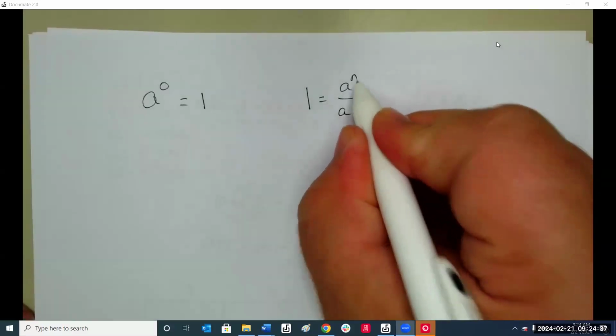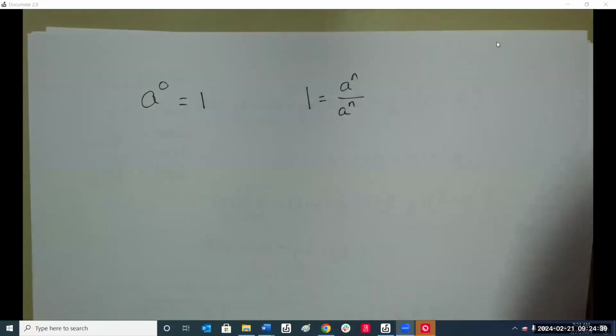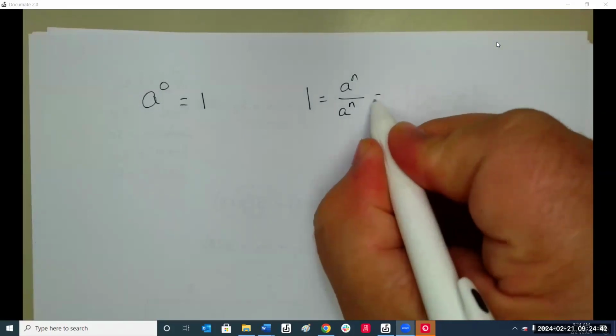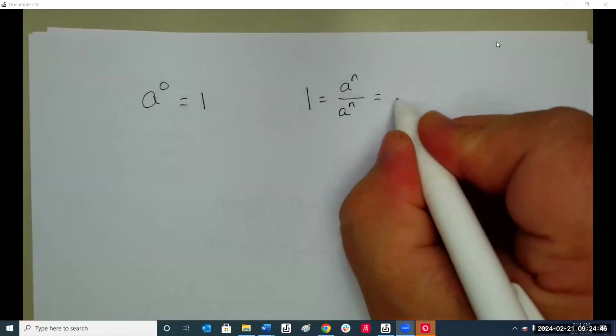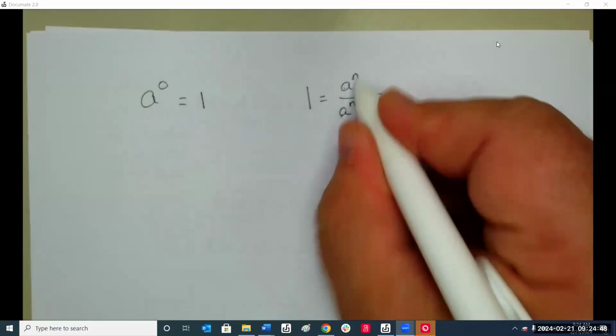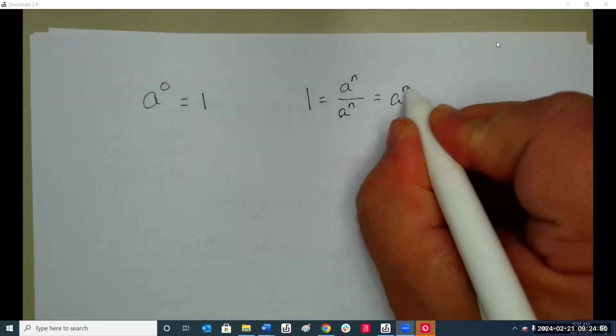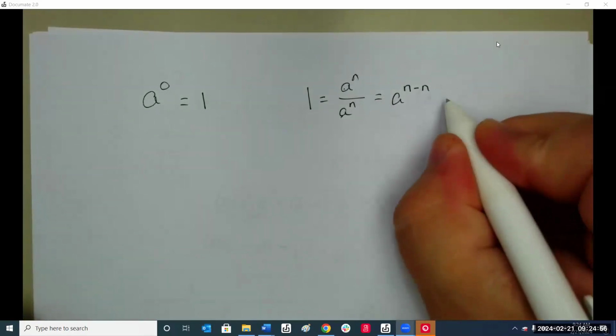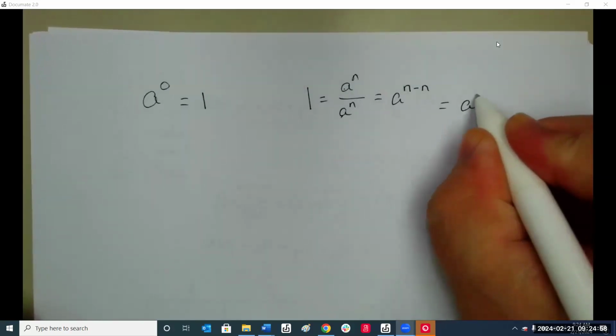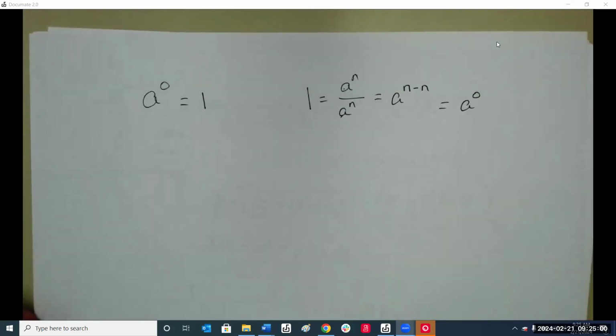So I can have a to the power n over a to the power n. So the last rule we just learned is, since the bases are the same, what do we do with the exponents? We subtract them. When we're dividing, you subtract. When you divide, you make things smaller. So that's why you subtract. What is n minus n? 0. There's our first proof in mathematics.